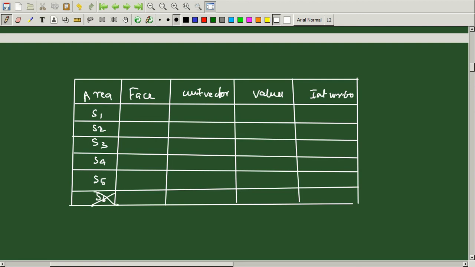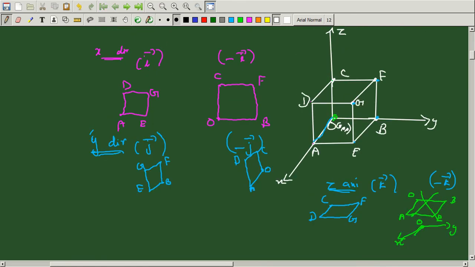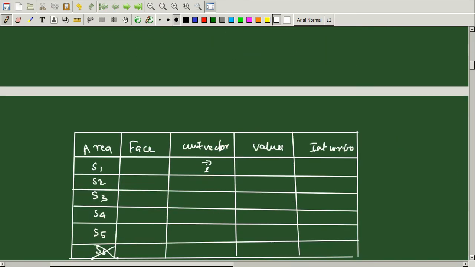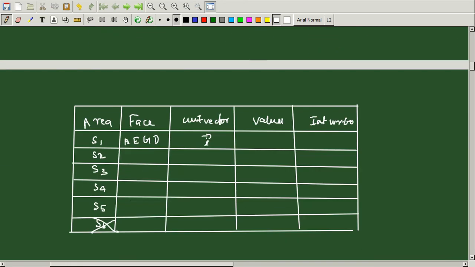Surface 1, unit vector i direction, is here: A, E, G, D. The opposite of i is minus i, so that is O, B, F, C. So the unit vector is minus i.